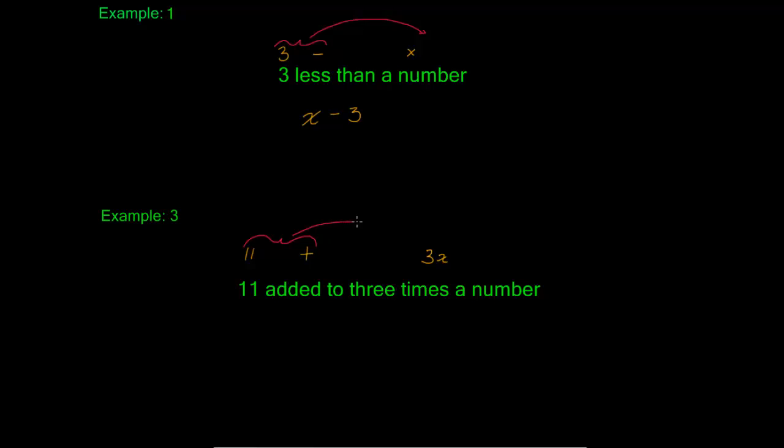Here's our phrase that's going to need to move to the end. And I encourage you, as you're working through these examples, to write this above the problem itself. This will help everything stand out to you, and you can say, okay, now I know what I have to write and what my equation will look like. Your equation: you have 3, there's your x, this will go to the end, plus 11. So 11 added to 3 times a number. 3 times a number, then we add 11 to that.